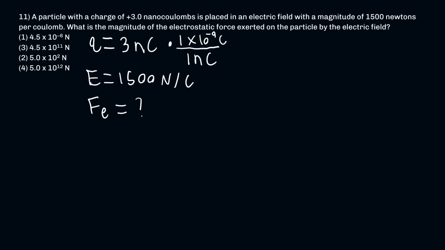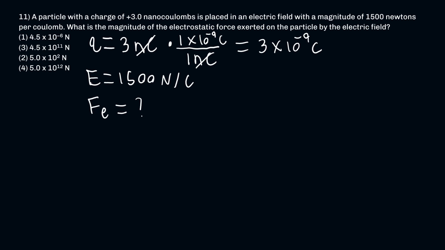So that means that when we do the conversion, nanocoulombs will cancel out. I do 3 times 1 times 10 to the negative 9th coulombs, and that is going to give us 3 times 10 to the negative 9th coulombs. And that is going to be our conversion.